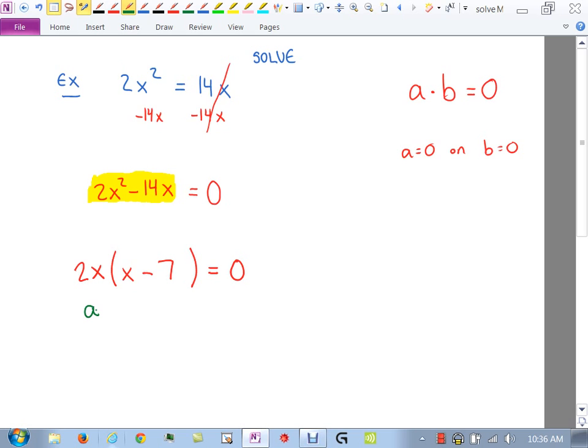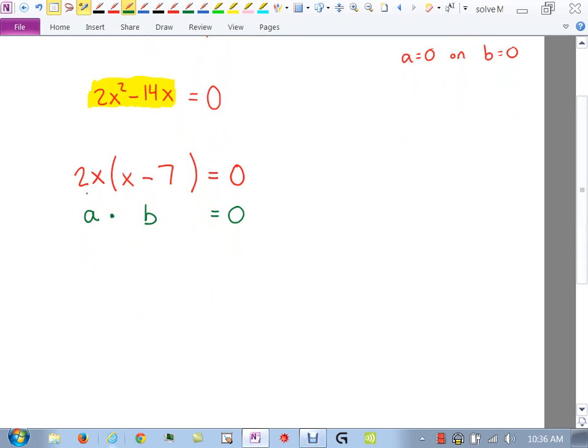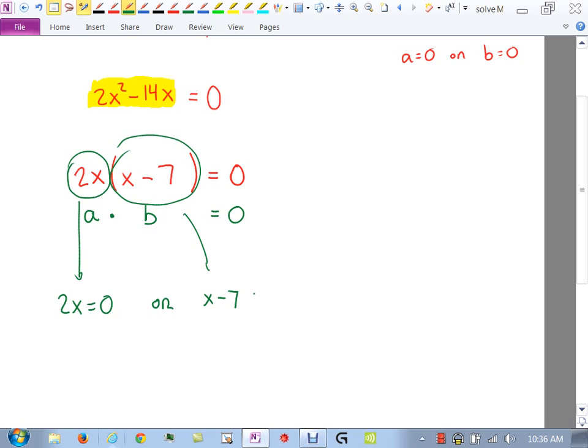The 2x is like my a, and then times the x minus 7 is like the b, and then the equals 0. So that tells me that I can take the 2x, set it equal to 0, or take the x minus 7 and set it equal to 0.